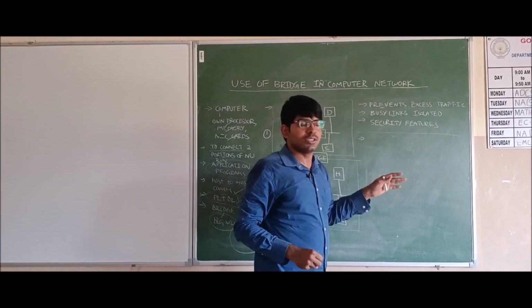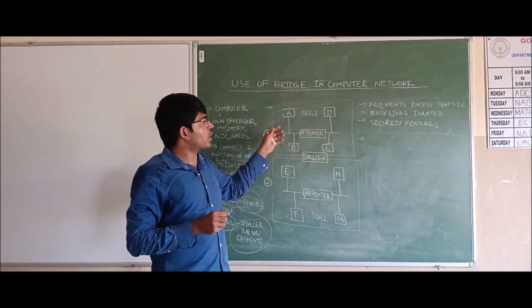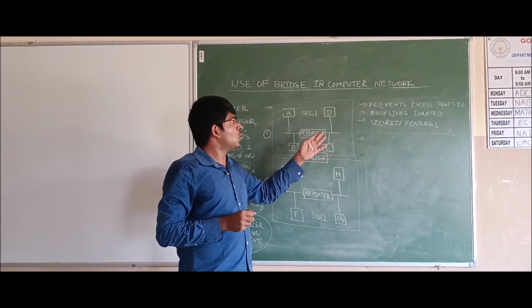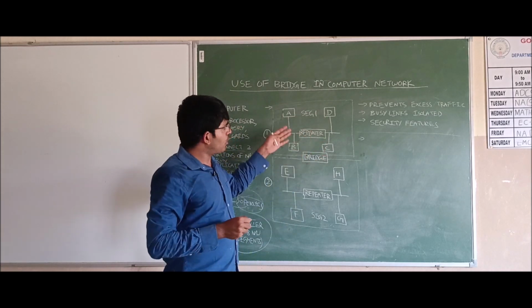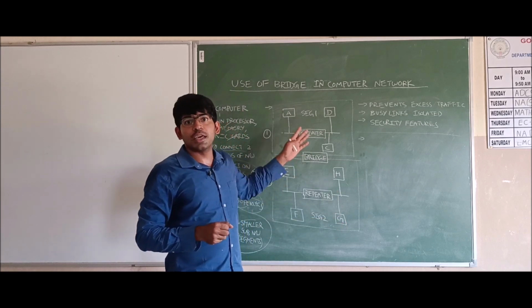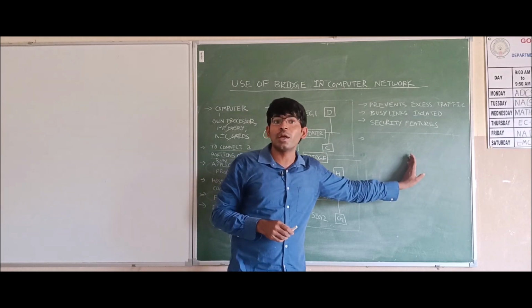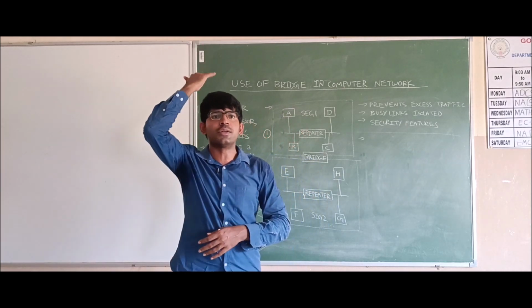And security features. Example, you want to establish a secure connection from host A to host D, or from A to Z. The bridge will take care that the information will not be sent to segment 3, which is outside of the network.